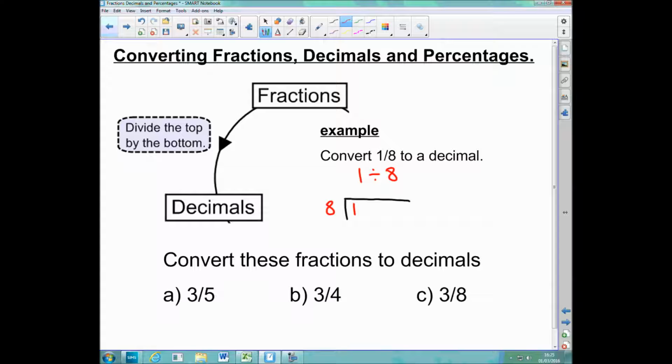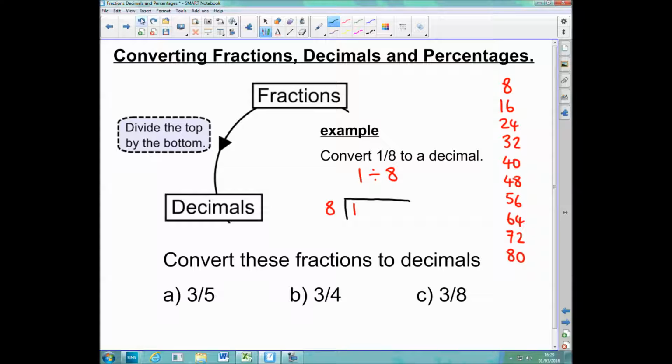Now a nice little tip to help you to do these divides is to write out the times table of the number that you're dividing by. So this is 8. So I'm just going to quickly write out the 8 times table here. So I've got 8, 16, 24, 32, 40, 48, 56, 64, 72, and 80.